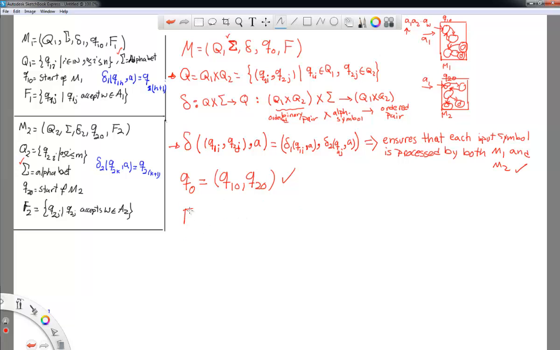How about F? What should be my accept state of machine M? The accept states of machine M are the pairs Q sub 1 R and Q sub 2 R prime, such that R is from the accept states F sub 1, and R prime is from the accept states F sub 2.